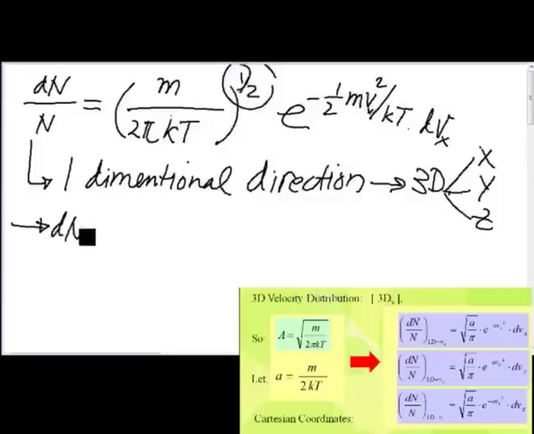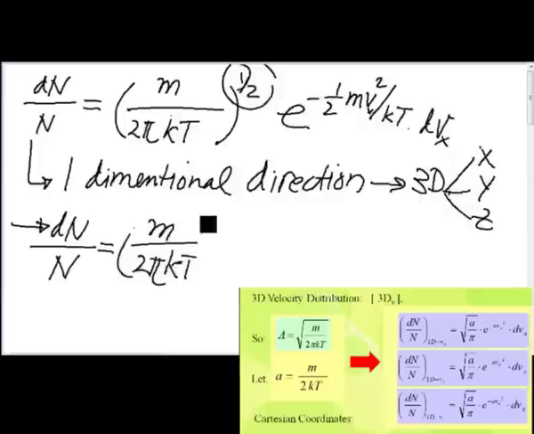So we can now write our equation with the exponent 3/2. Why? Because the direction is in three dimensions.